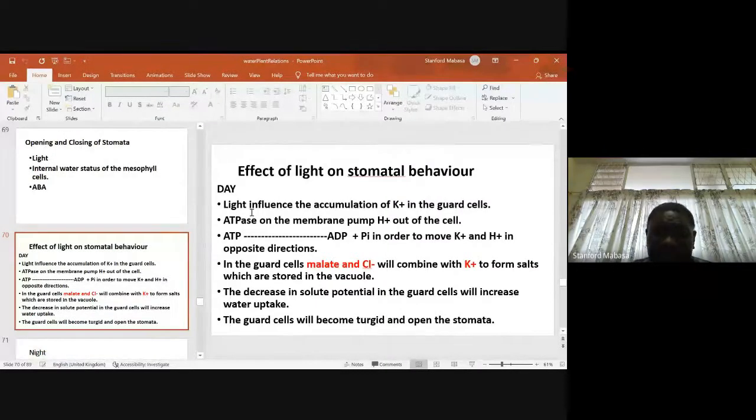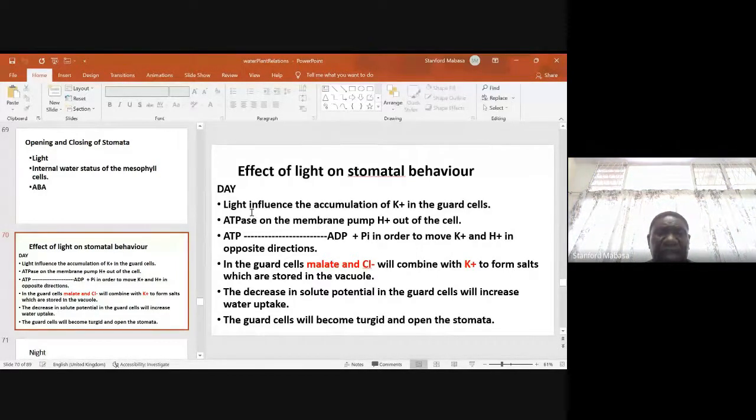Now, during the day, I want to talk about what events can happen to the leaf, or what the stomata can do. Now, during the day, we have got light, which can influence the accumulation of potassium in the guard cells.